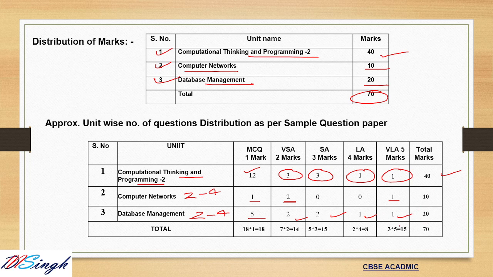So like that you will have a total of 35 questions in the question paper, and the total marks allocated are 70, and the maximum time allocated is 3 hours. So that is regarding the blueprint, we can say this is how the distribution of questions topic wise will be.